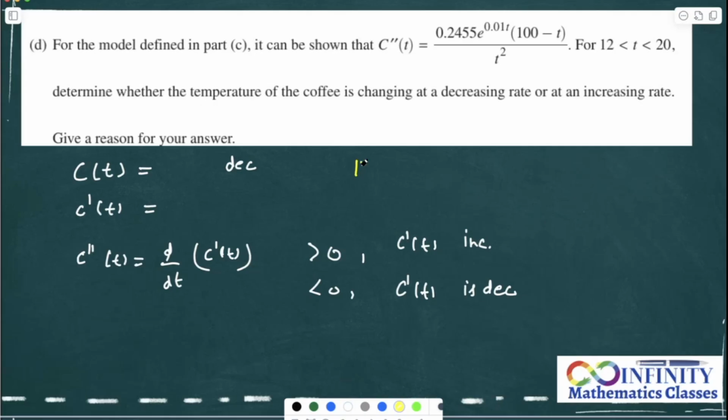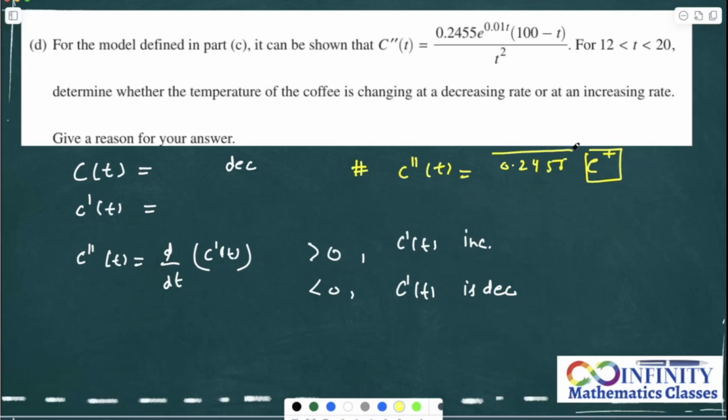Now, if you look at the double derivative given to you, let us talk about the variables given to you. 0.244 is a constant, so no sign is required. E to the power of whatever is given to you is always a positive term.